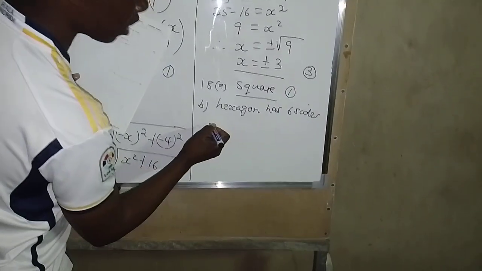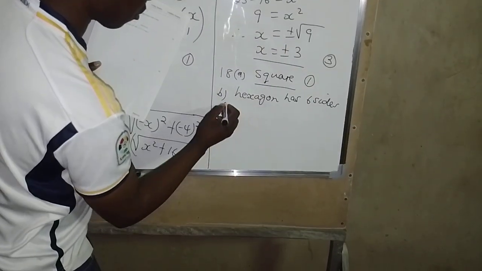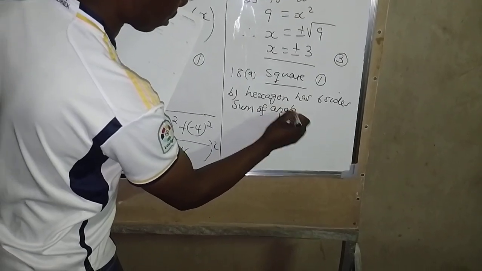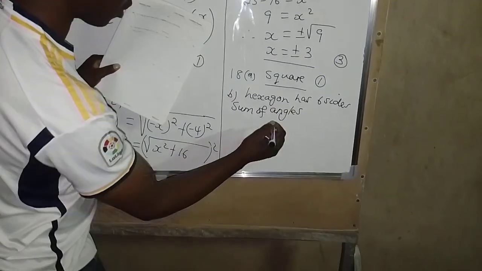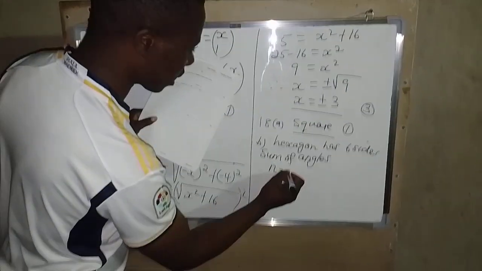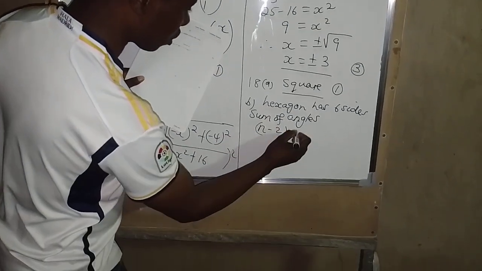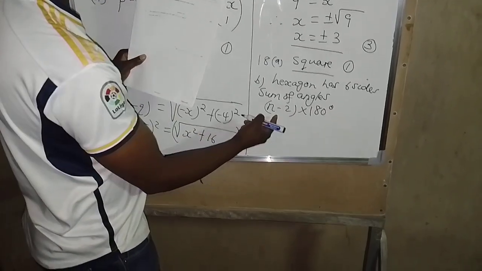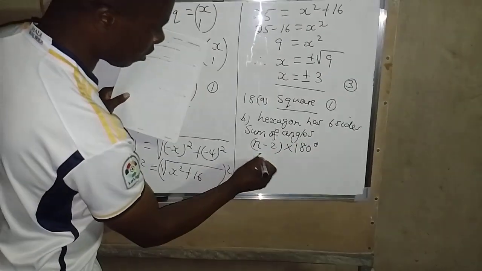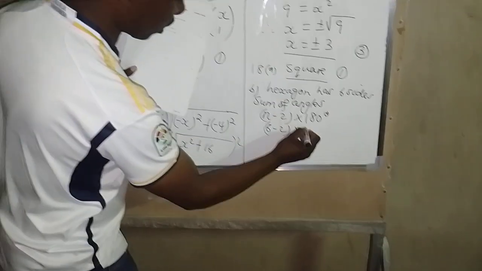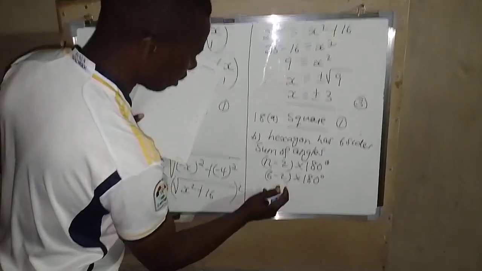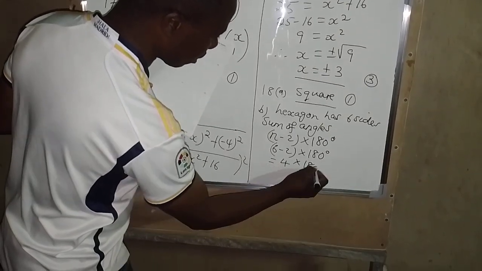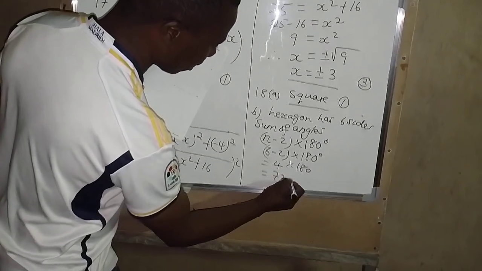Now, sum of angles, we use this formula, (n minus 2) times 180 degrees. n is the number of sides, so it's (6 minus 2) times 180 degrees. 6 minus 2, this is 4. 4 times 180, we get 720 degrees.